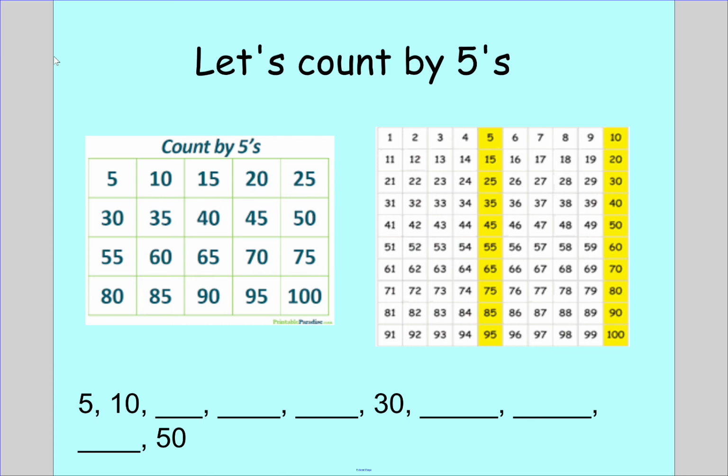Okay, for our last one, I'm going to go back to using this chart. I'm going to look at my numbers. So 5 is here. I'm going to cross it out here. We have 10.